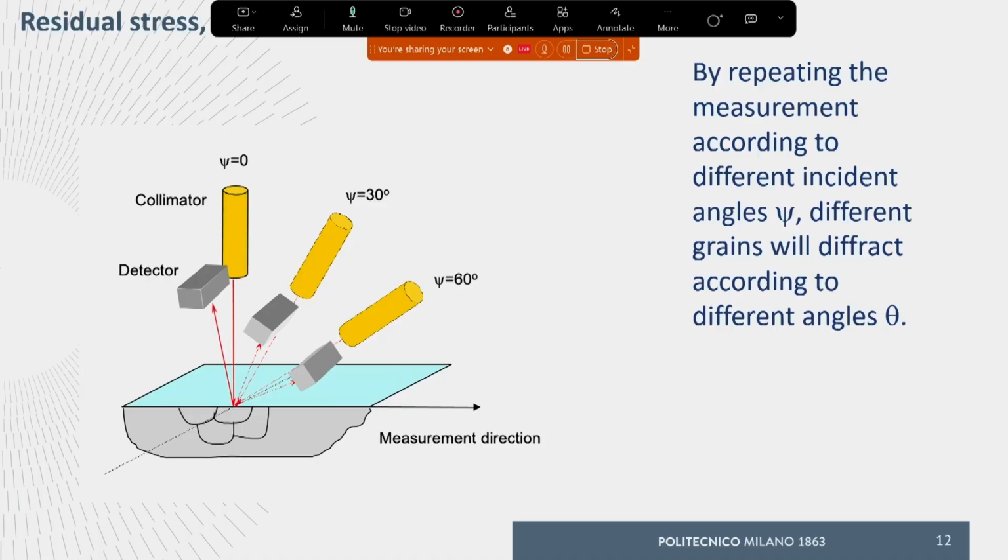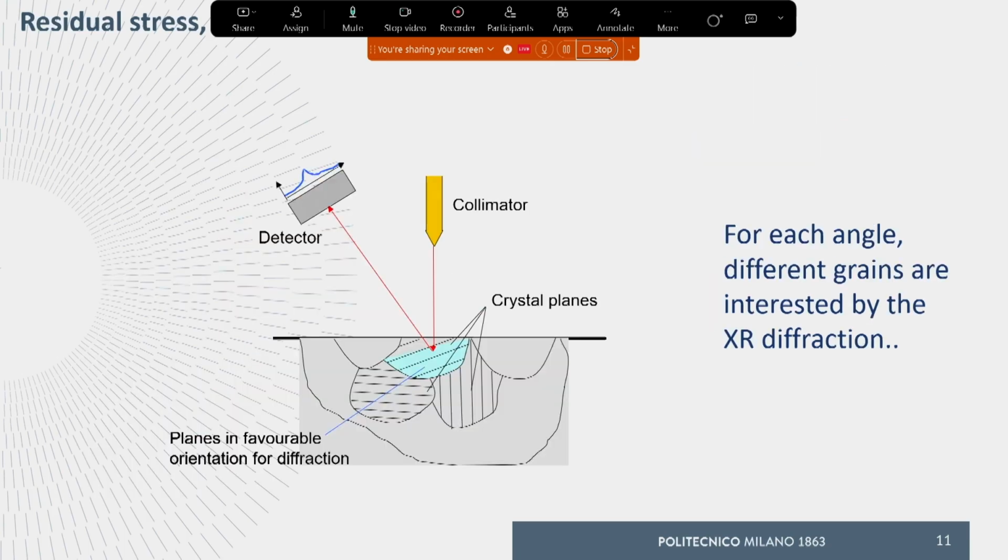Okay? So we can go back. Imagine that we move and we have the desirable condition for diffraction when the collimator is turned this way and hitting these grains. The detector will give a diffraction peak that belongs to this grain and not to the previous one. And the same for other possible orientation, possible inclination. Okay?